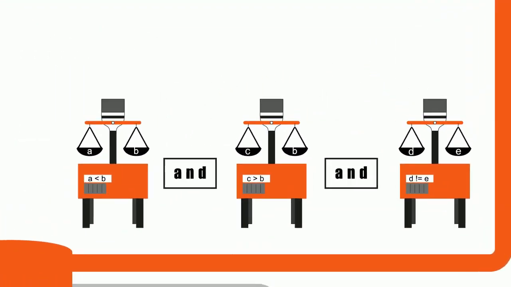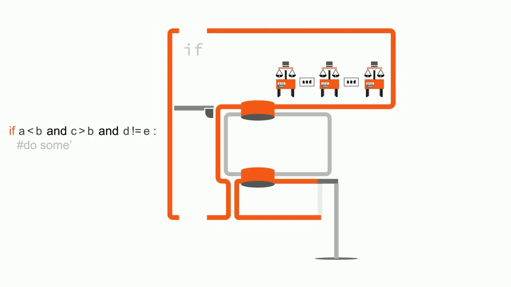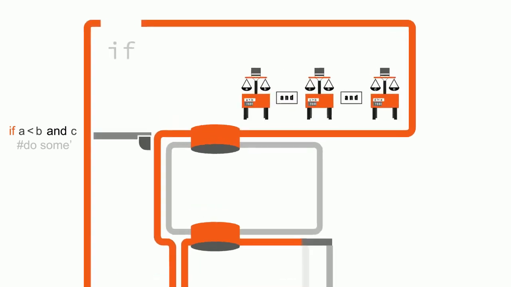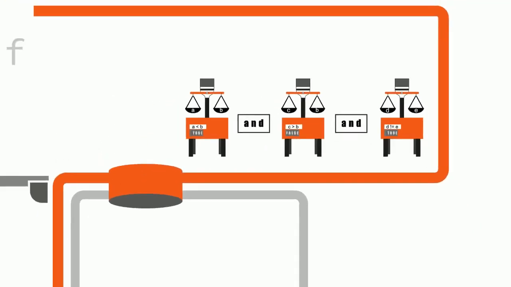Pyto will test each one and access the inside block only if all conditions are true. If at least one of the conditions is false, Pyto will exit and continue to the next block.